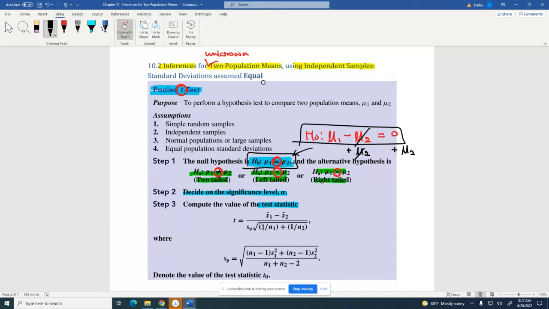It will be a very long calculation to get the test statistic, right? But carefully just copy the test statistic, because we have two groups, two sample means, two sample standard deviations, and two sample sizes. It's complicated. So in a long calculation, we are going to take the t-score.